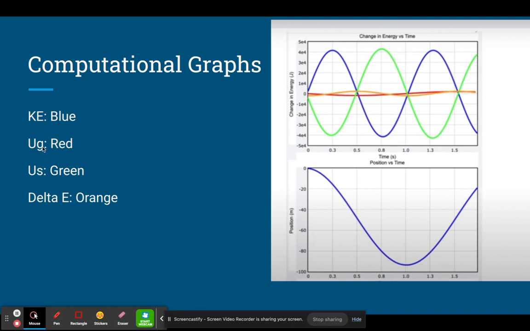K, kinetic energy, is blue, going from 0 to 1.5. UG is red, and it seems to be almost at a constant energy. US is green, and it's going from 0 to 1.5, and our delta change of energy is orange.